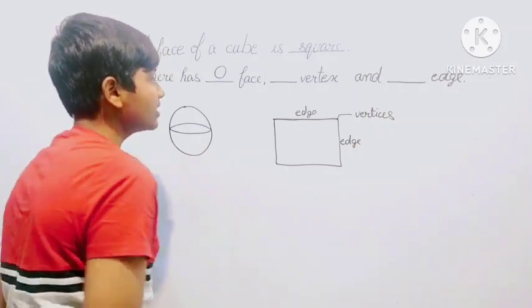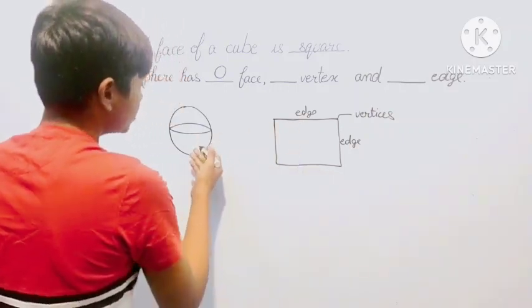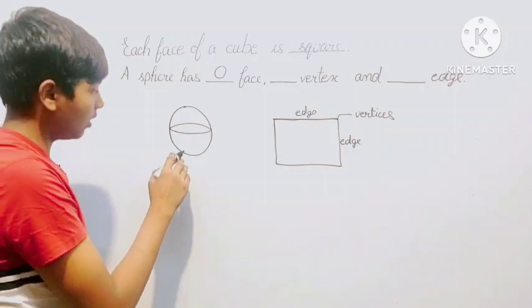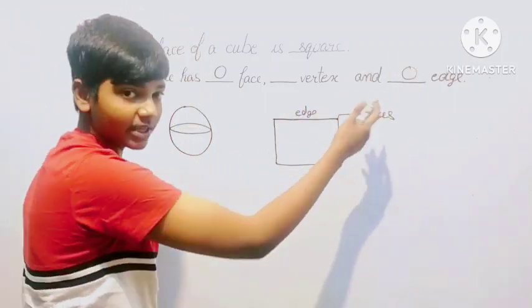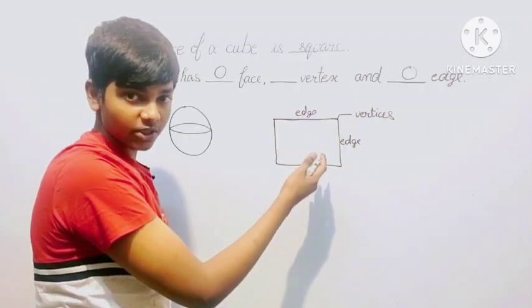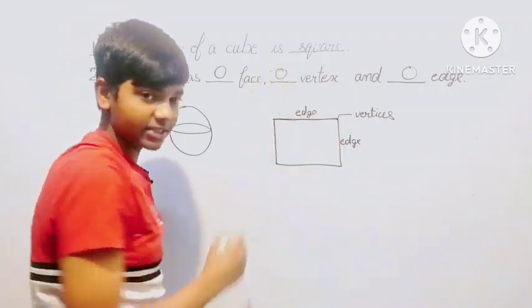In this case, as a sphere is a completely curved object, there are 0 edges, and since there are 0 edges, there won't be any point of intersection of edges, therefore there would be 0 vertex as well.